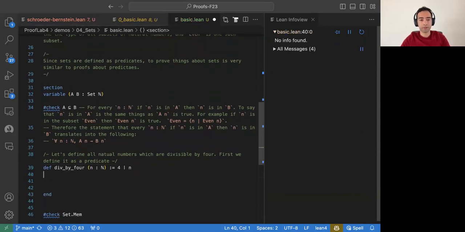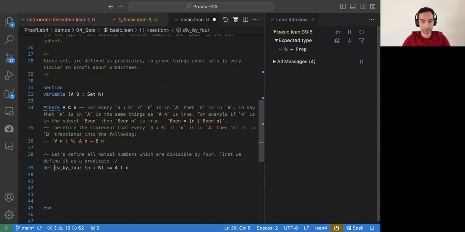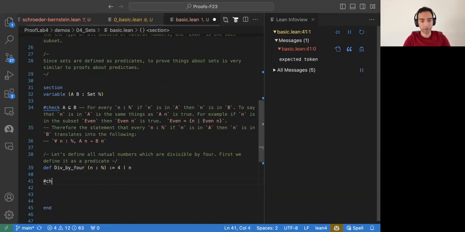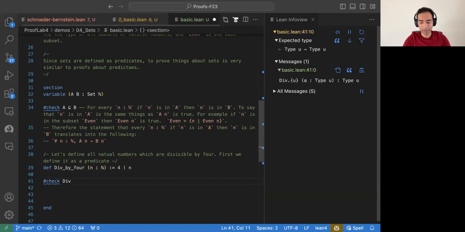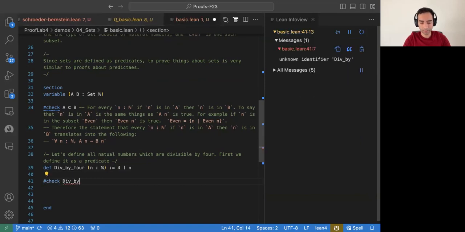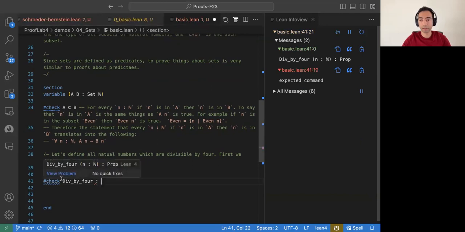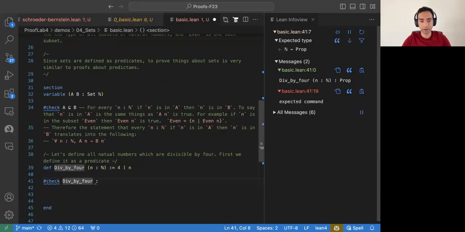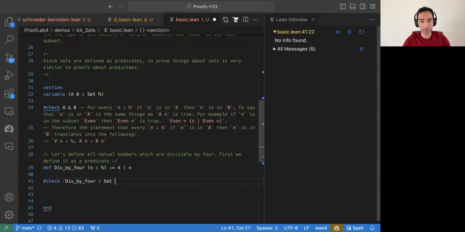So now I can immediately turn this into a set, or rather a subset of natural numbers.